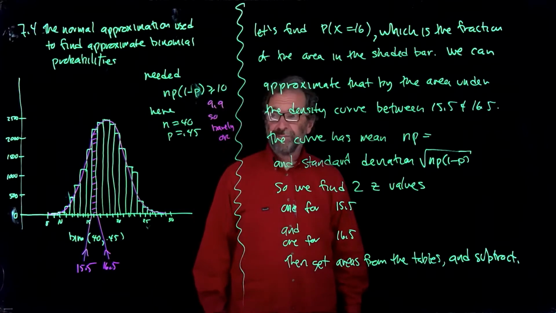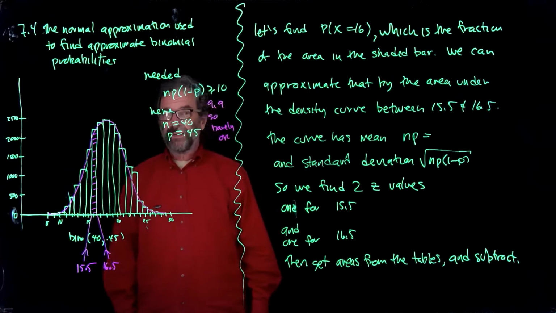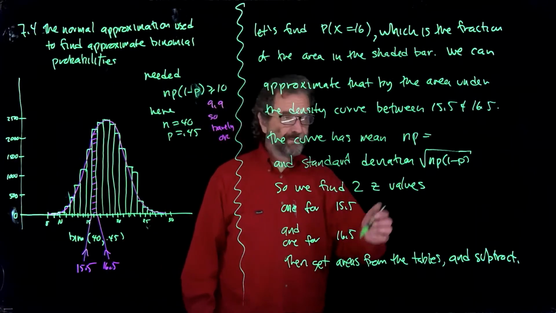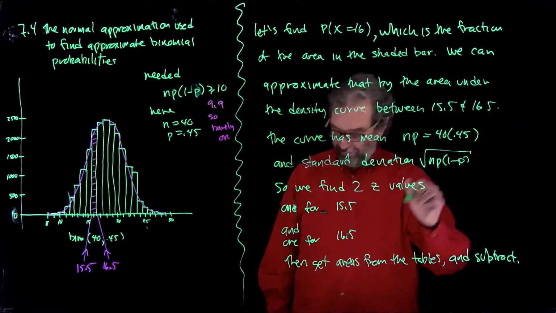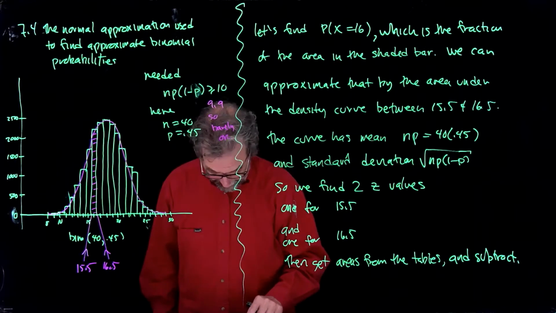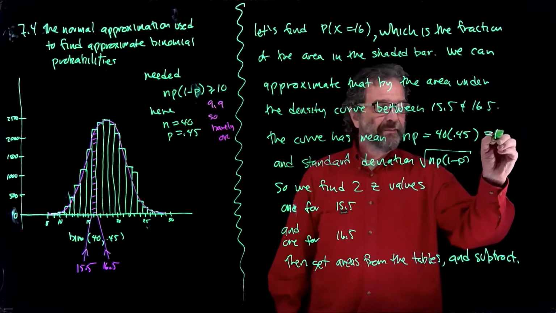So that curve has a mean. For the normal approximation to the binomial, you just take the mean of the binomial. So N times P is 40 times 0.45, which is 18. Oh, that's nice. Someone thought ahead.